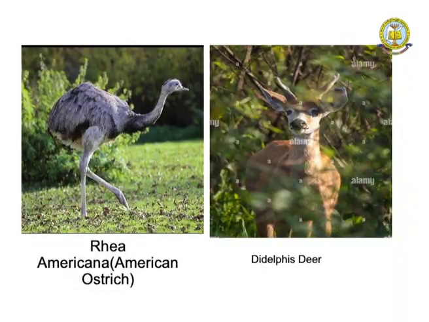Besides this, we also have catfishes, and among the birds we have American ostrich. So as we know, ostriches are flightless birds, and a variety of flightless birds are found in different parts of the world, and the flightless bird found in this particular region is American ostrich, called Rhea americana.